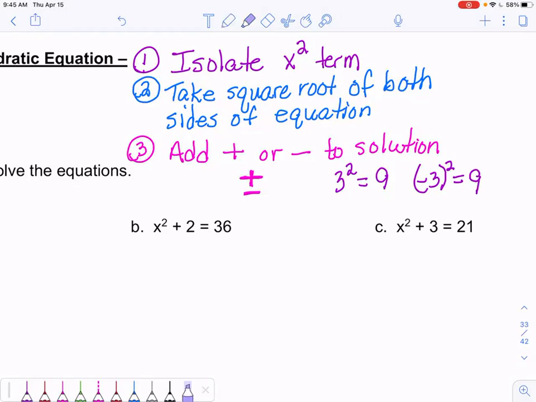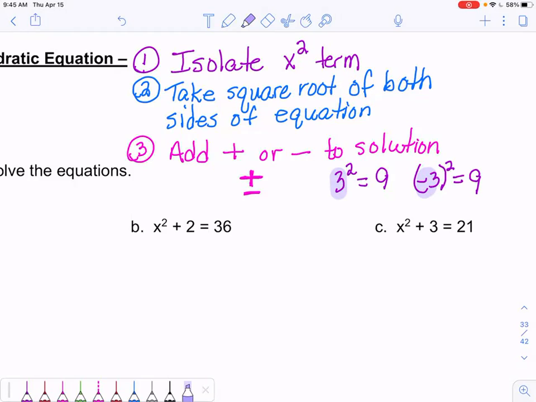So that plus or minus means a positive 3 or a negative 3 still gives me the same answer of 9. So if I square a positive or square a negative, both those still give me the same answer. So that's what that plus or minus means. And we'll be writing that in our solutions.